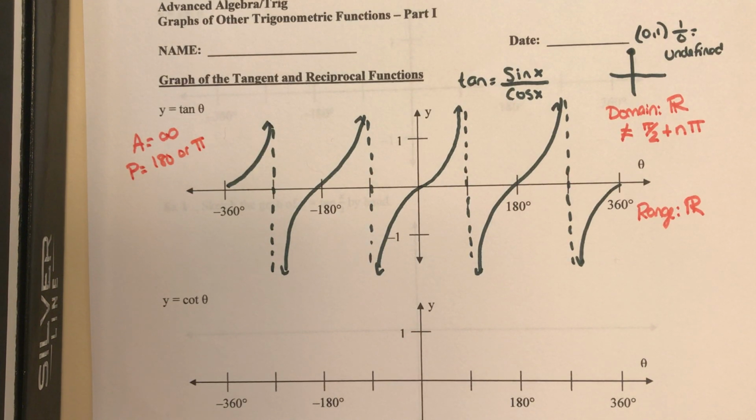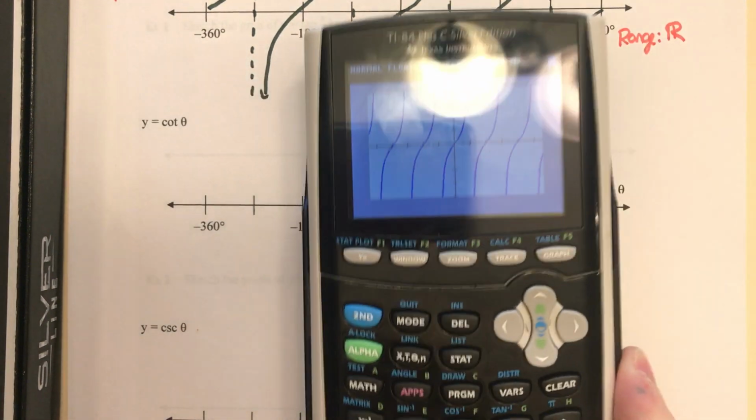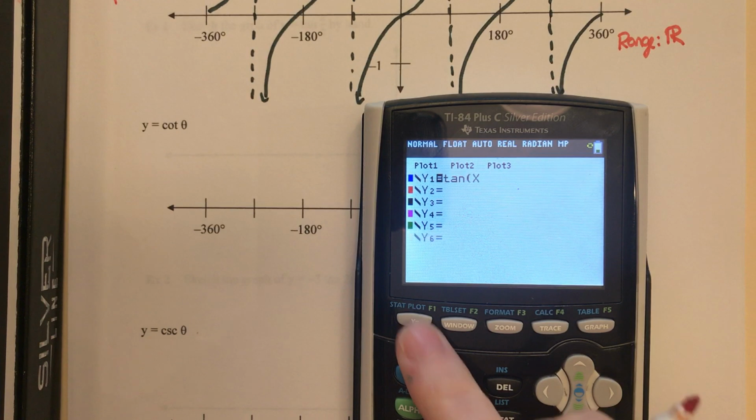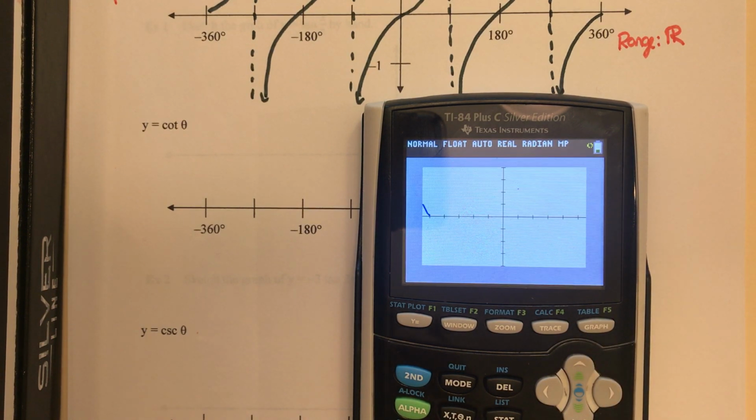Okay, so let's look at cotangent next. So I'm going to graph that on my calculator. So I'm going to go to my y equals, and I'm going to type in cotangent. So cotangent would be 1 over tangent. And it's going to look pretty similar to tangent. It's just going to go the opposite direction. It also has asymptotes in different spots.